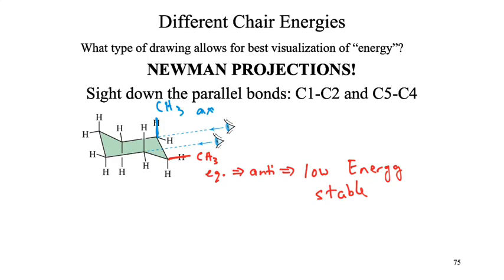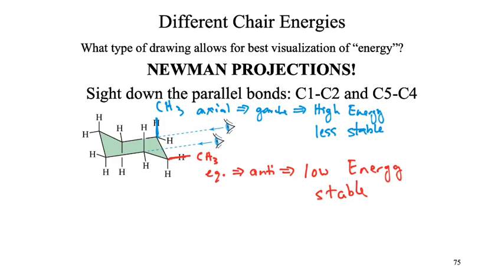Stable. What happens with the blue? It's gauche. Axial, which came from a gauche interaction, which was less stable, high energy, and less stable or not stable. Okay? So cool. The axial's bad, the equatorial's good.